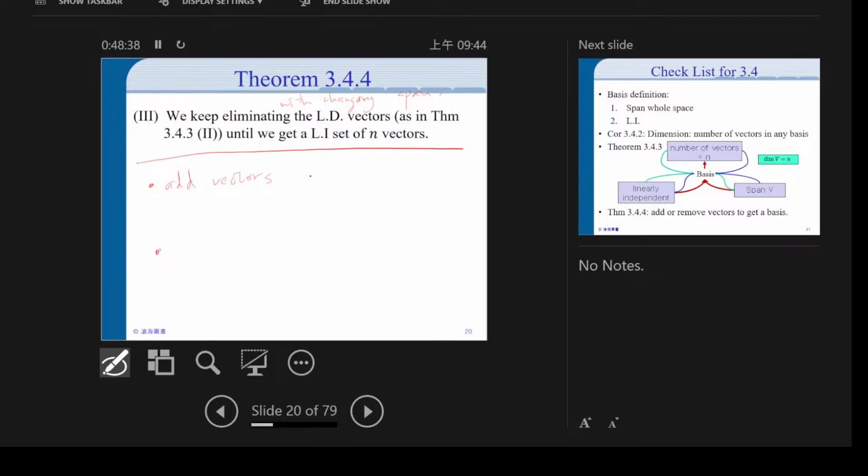Add vectors while staying linearly independent, or remove vectors without changing span.